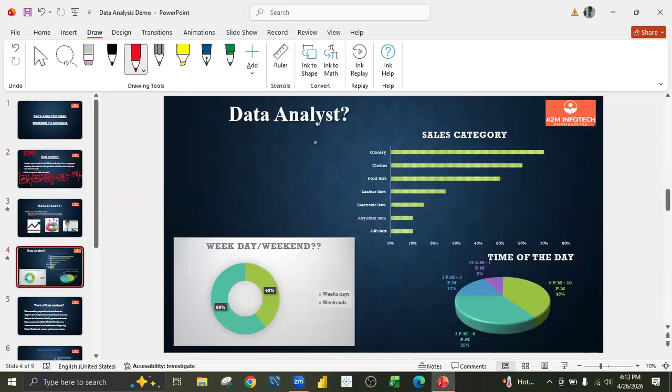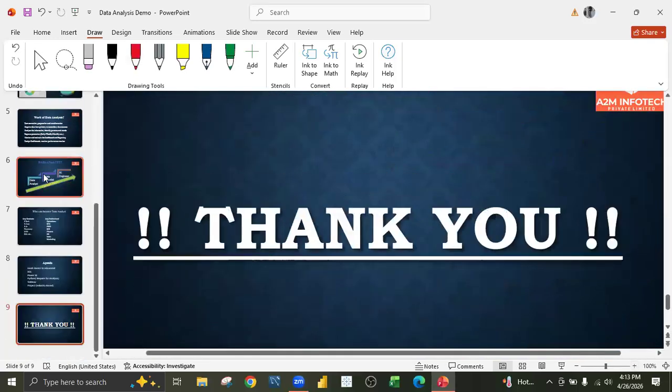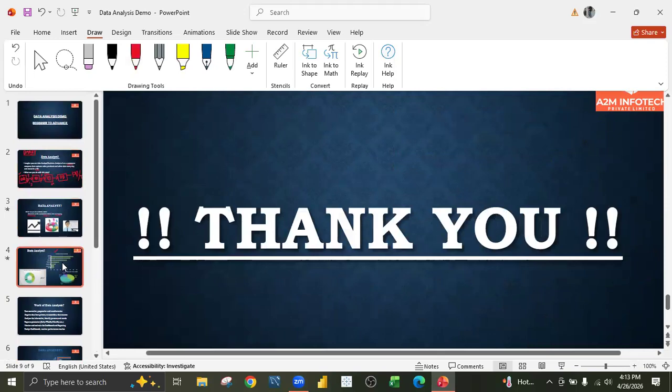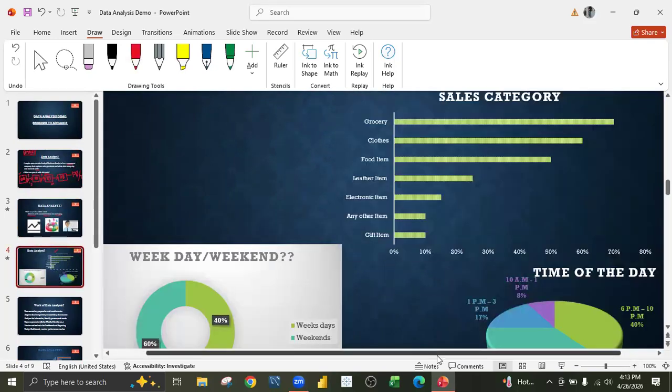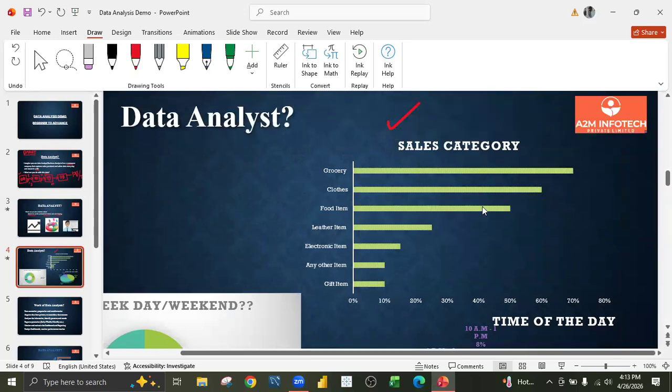So guys, let's look at this particular sales category visual. I'll zoom it a little bit. Can anyone tell what you are able to observe in this sales category visual?